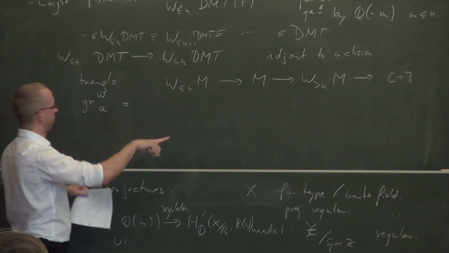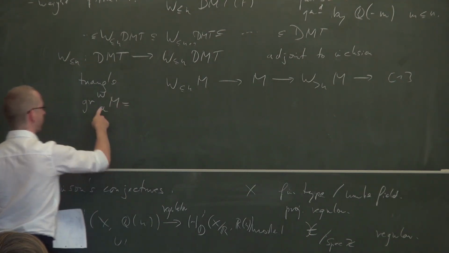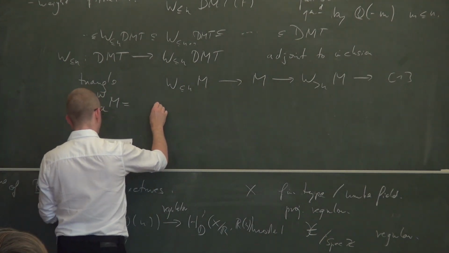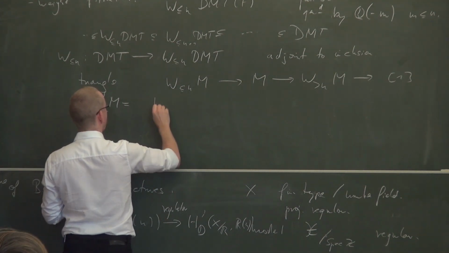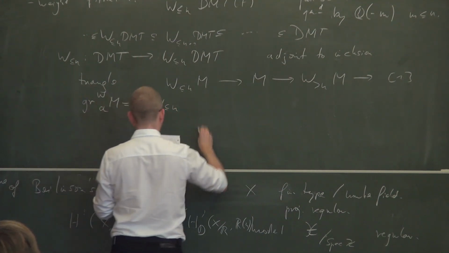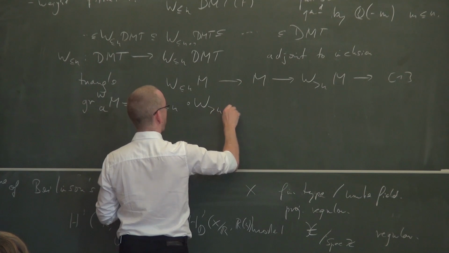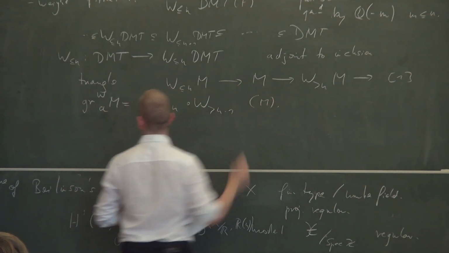The weight n piece of the motive M is given by composing the two truncations. So you take W less or equal n composed with W greater n-1 applied to M.